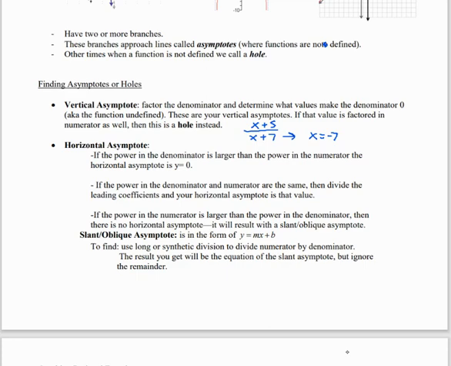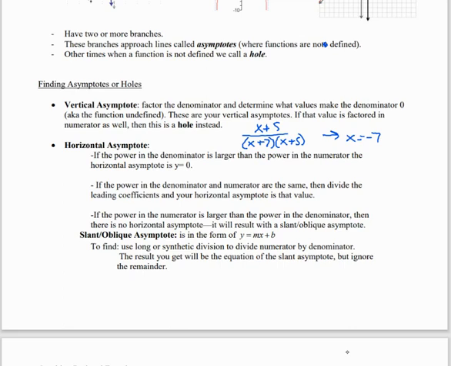However, if I had something like x plus 5 over x plus 7 and x plus 5, I will still have a vertical asymptote at x equals negative 7, but also notice the factor of x plus 5 is on top and bottom.